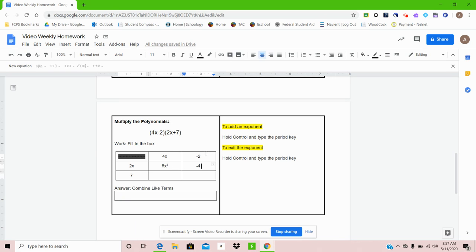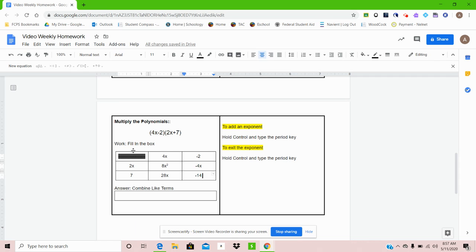This has an x. This doesn't have an x, so I just have 1x. 7 times 4 is 28. No x. 1x gets 1x. And then 7 times negative 2 is negative 14.